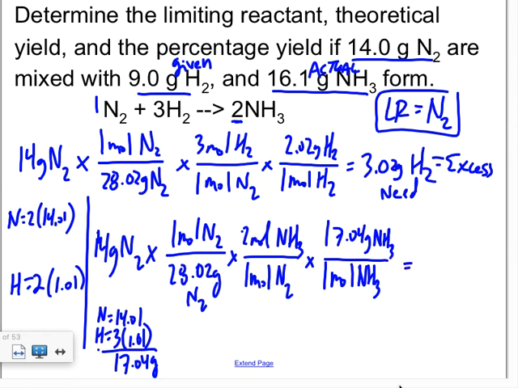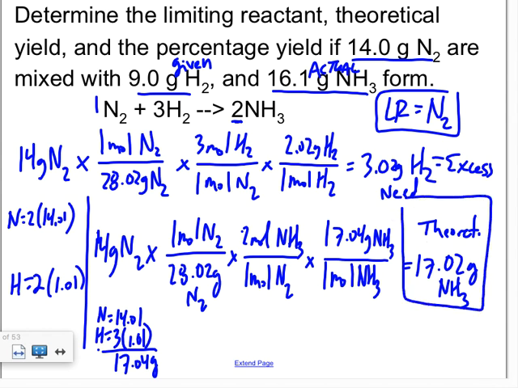Punch this into my calculator. My theoretical yield, because this is what I was actually calculating, is 17.02 grams of NH3. So I just figured out my theoretical yield. There's my second part of my answer.